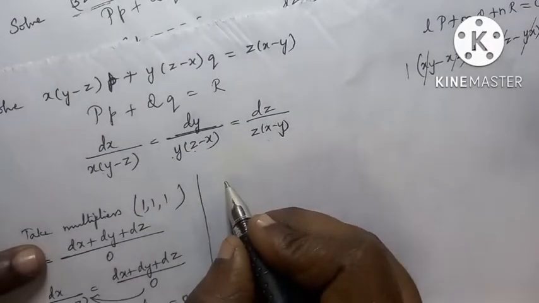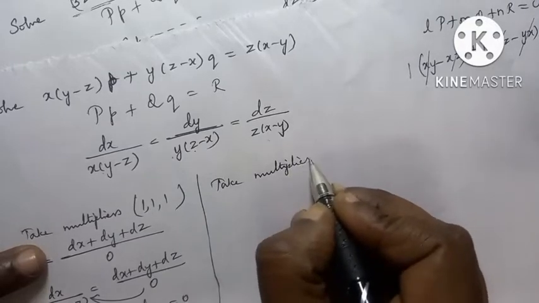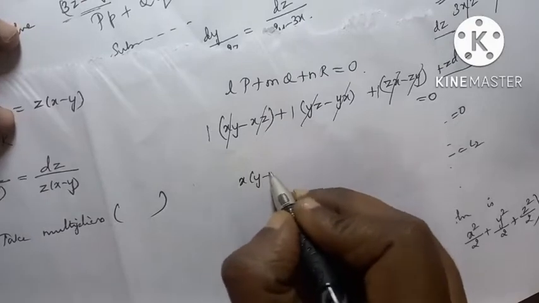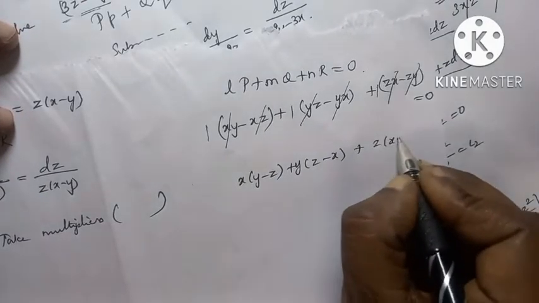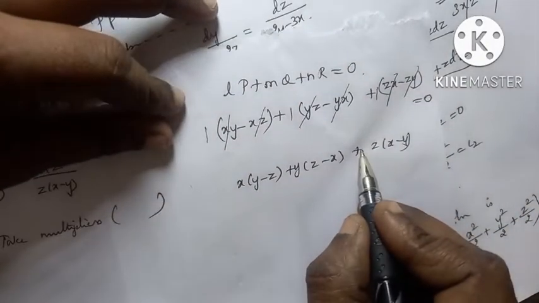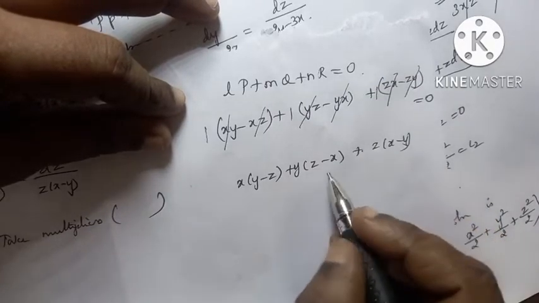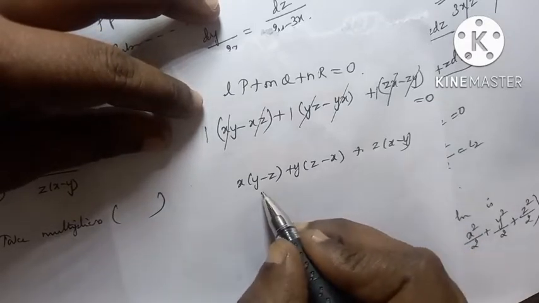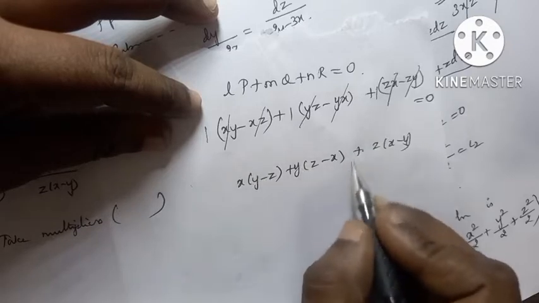Let us take another set of multipliers. Let us do rough work first. It is x into y minus z, y into z minus x, z into x minus y. It need not be always addition in between, okay? So the sign we have to choose is the one which will give answer 0. So what can be another set of multipliers? Just now we have done a similar problem, right? x square into y minus z plus y square into z minus x.